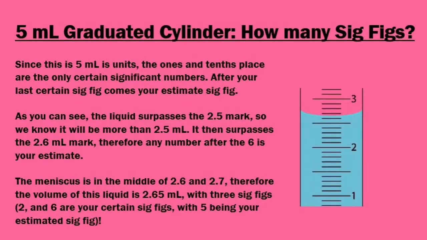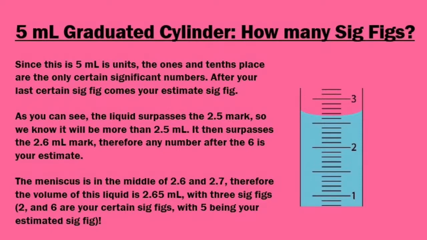In the image depicted to the right is a 5 milliliter graduated cylinder. Since this is 5 milliliters in units, the ones and the tens place are the only certain significant figures. After your last certain sig fig comes your estimated significant figure. Visibly, the liquid surpasses the 2.5 mark, so we know it will be more than 2.5 milliliters.